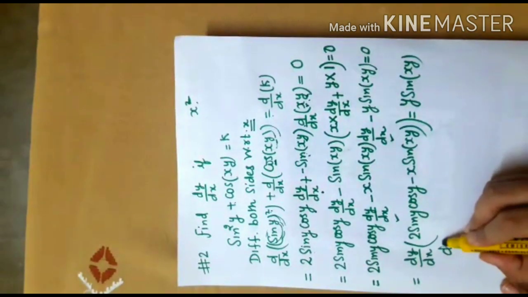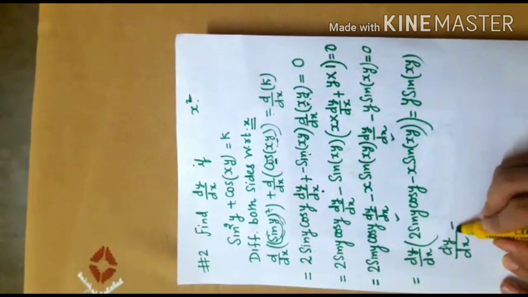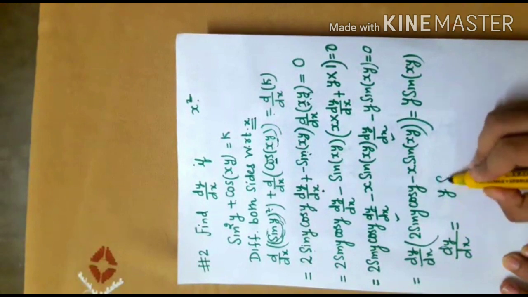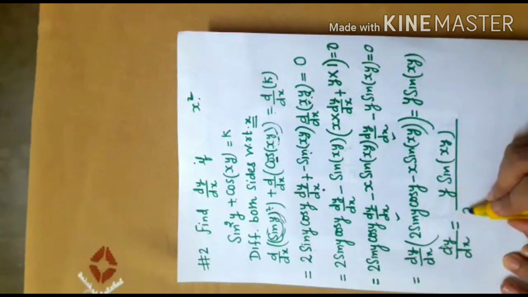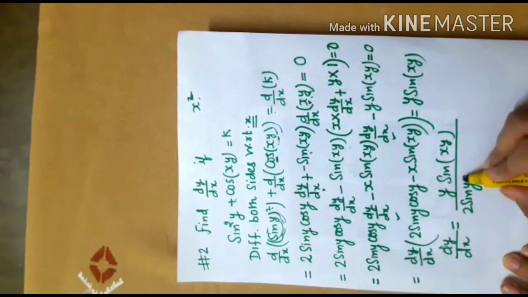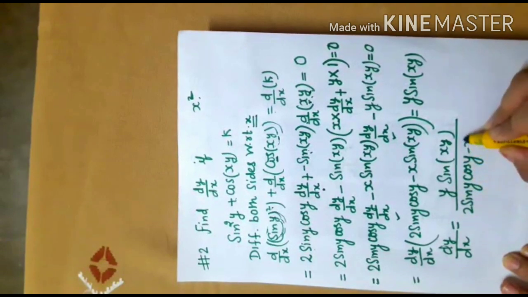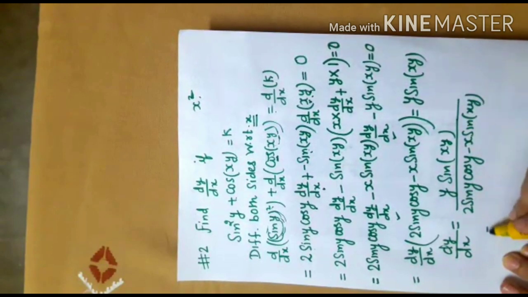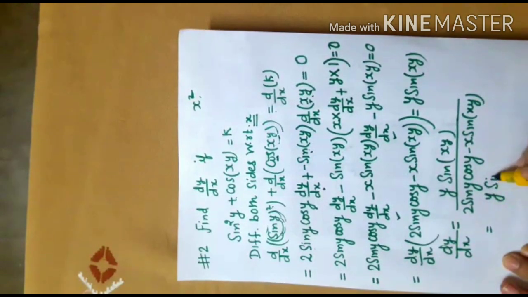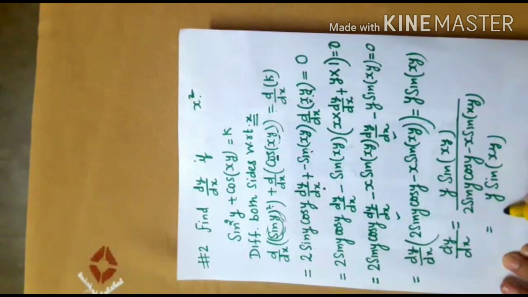So from here, dy by dx is equal to y sine xy over 2 sine y cos y minus x sine xy. This is y sine xy.